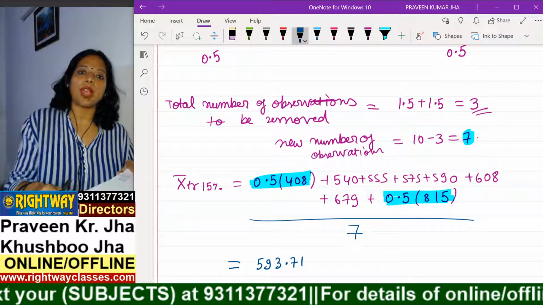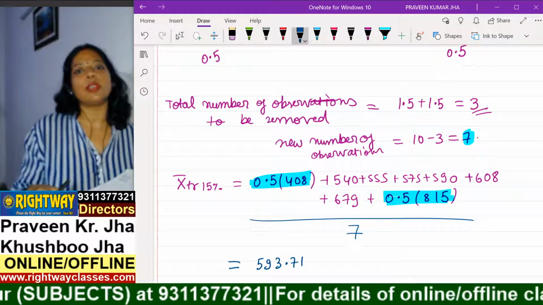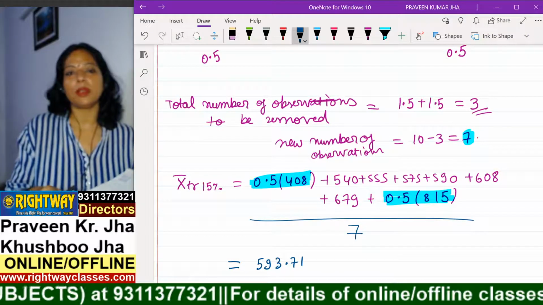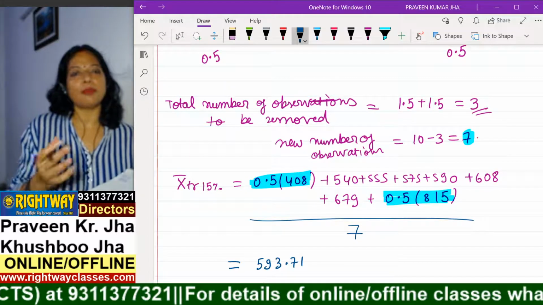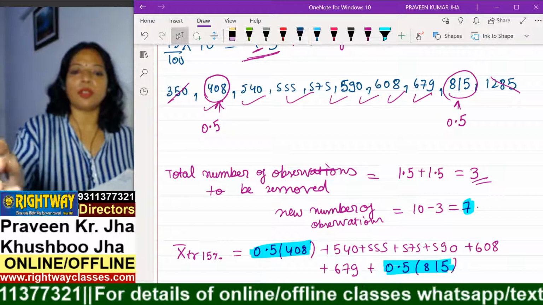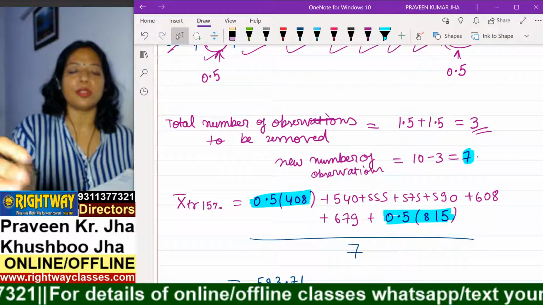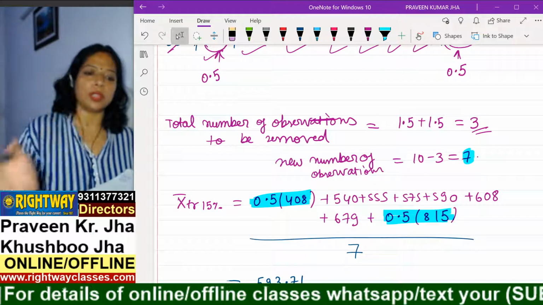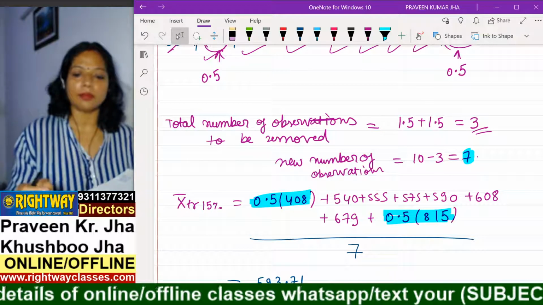So this is the meaning of trimming of 15%. If a certain fraction comes up, we can do it in such a way. Trimming means we have to remove this much. Here 0.5 was there, so we removed 0.5 from both sides.